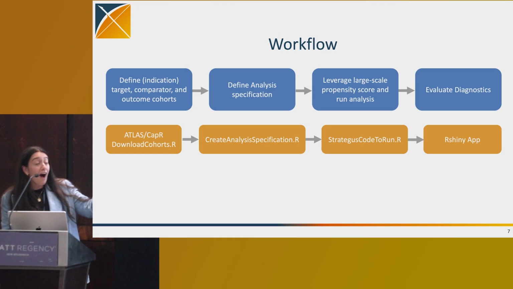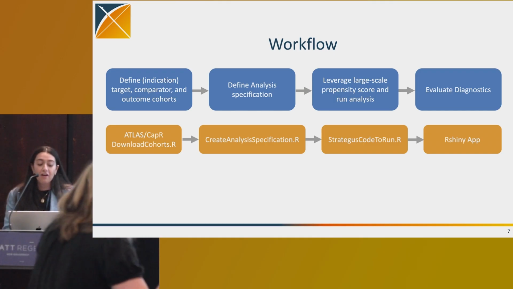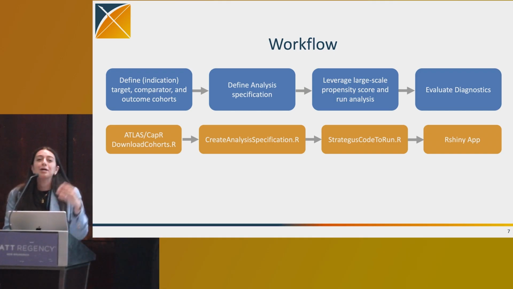So the OHDSI tools that we'll be using, first to define the cohorts, we talked about Atlas, and Capr is another tool that can be helpful. And then there's a script in the Strategus repository called downloadcohorts.r, which allows us to pull down those cohorts that we've defined in Atlas and embed them into the JSON file that we'll create. The create analysis specification.r script will allow us to create that JSON that we've talked about.